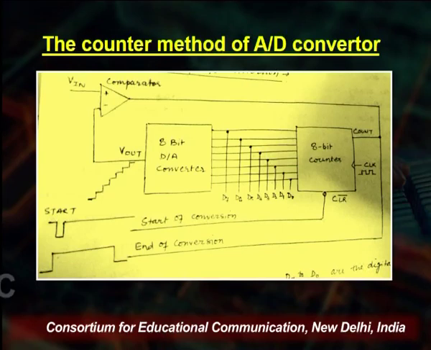Again the signal was fed to the counter, that counter counted up, and it became 2. When it became 2, it is again in digital, so the 8-bit DA converter converted this 2 into analog. That analog voltage was again fed to the op-amp. Now, 5 minus 2 was still positive.